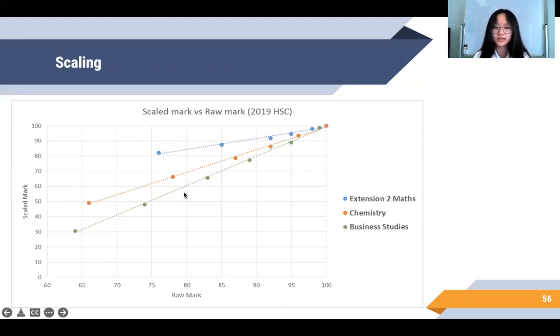So they give the students studying chemistry a bit of an advantage by giving the subject better scaling. This is why you might see some schools push the harder scaling subjects. They might not offer English Standard, they might just offer Extension 1 or Extension 2 Maths, because they want the students to get the highest ATAR because of reputation, you know.